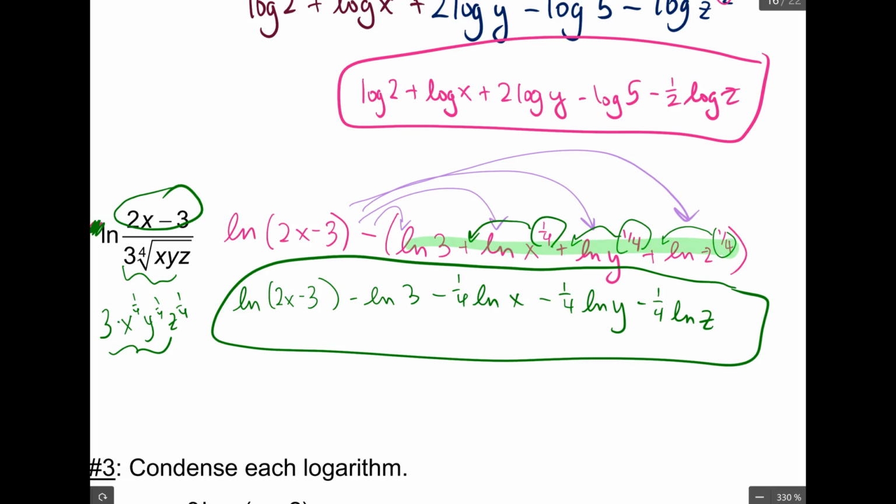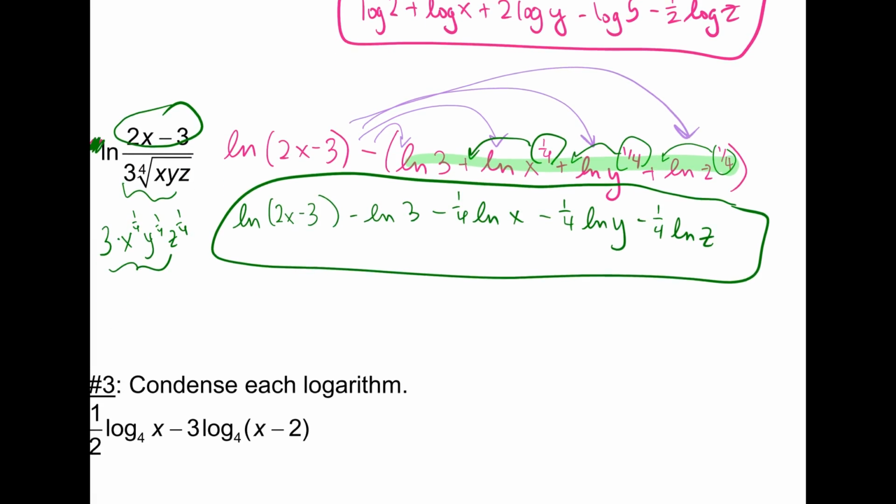But since this is actually division, I have to minus all of the part that I had on the bottom. The purple is showing you the distribution of the negative sign. The little green is showing you the product rule, you bring the power out front of the ln, and then I have 5 distinct terms.